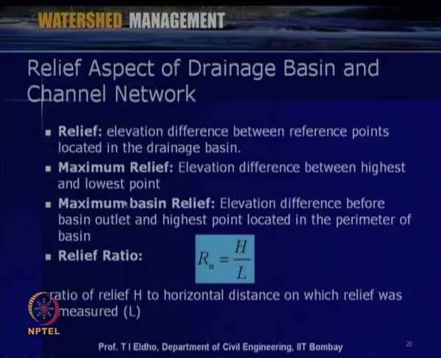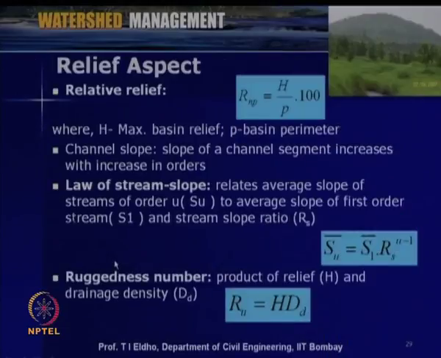And we can also define a ratio called the relief ratio, that is H by L, where H is the relief and L is the horizontal distance on which the relief was measured. So, this is the ratio of relief H to the horizontal distance L.